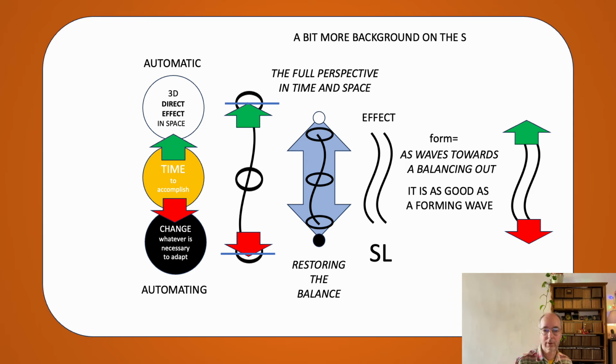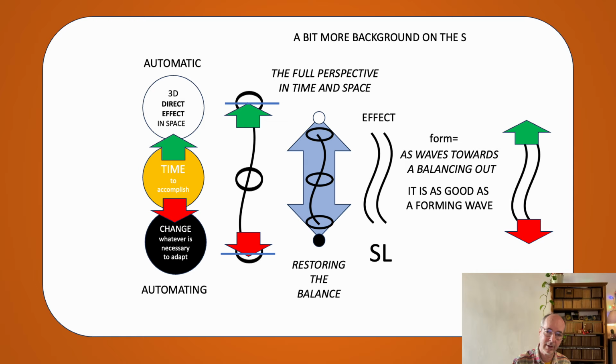So the S plus L will show you also more about how it is best to form something as good as it can, and it does this by balancing out the making and the changes, and it does this a bit like a wave between everything.